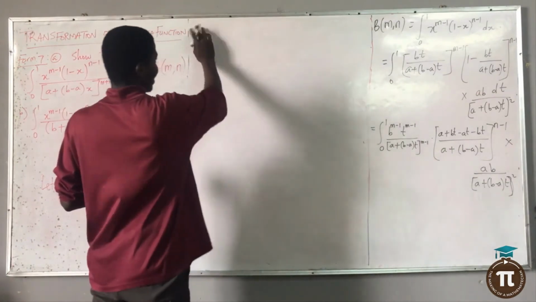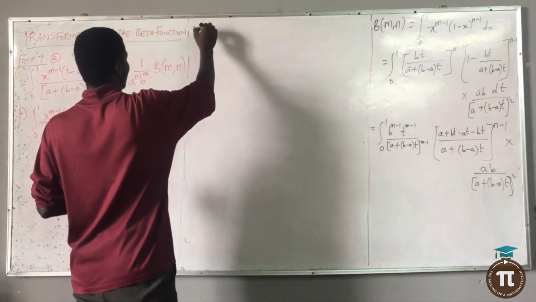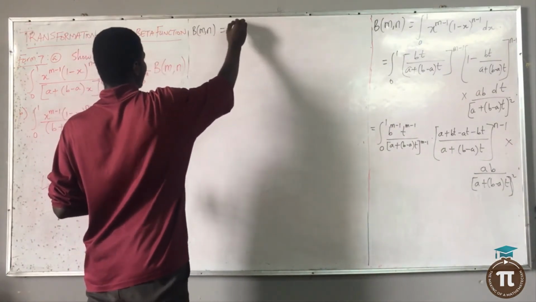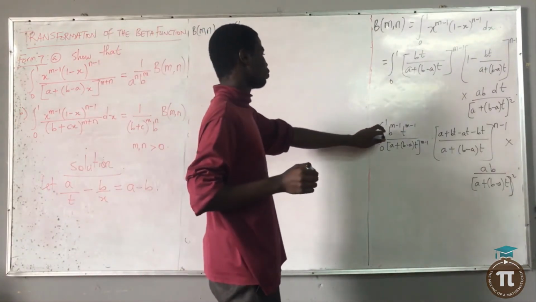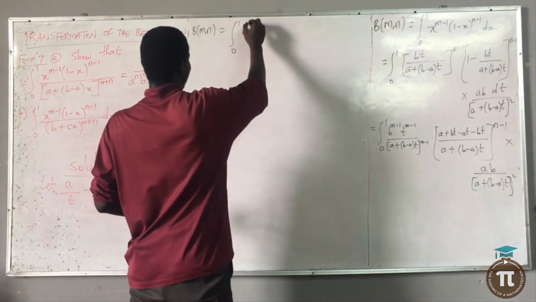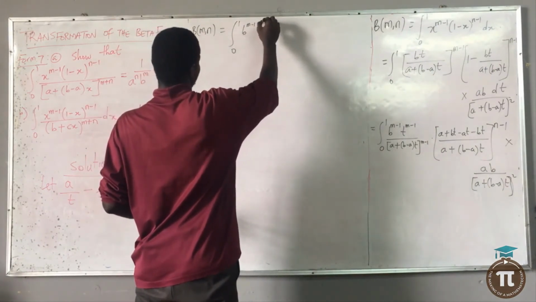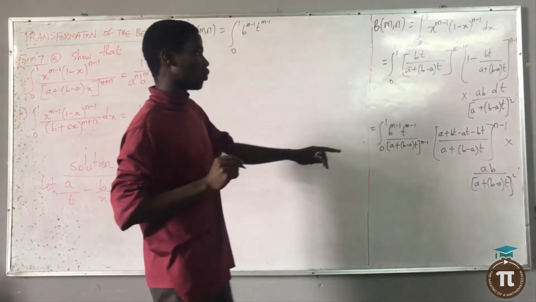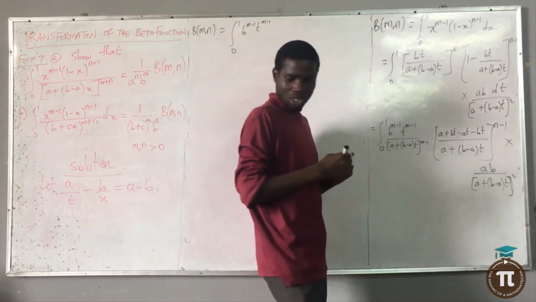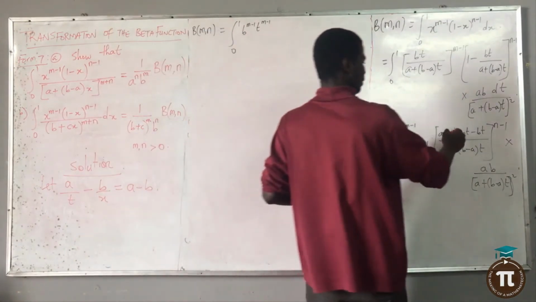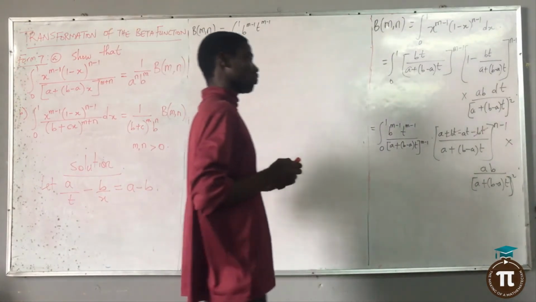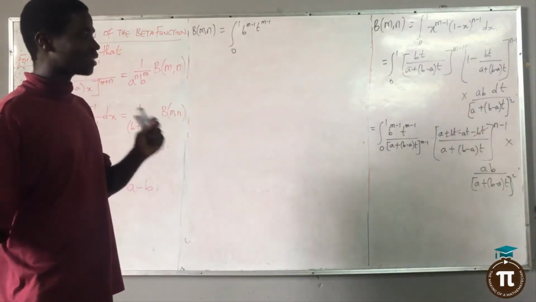without wasting time, it means that beta of m comma n will be equal to the integral from 0 to 1 of b to the m minus 1, t to the m minus 1. The bt minus bt we cancel out, so I'll be left with a minus at.